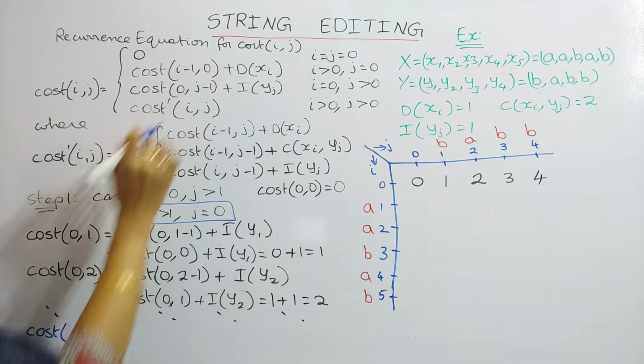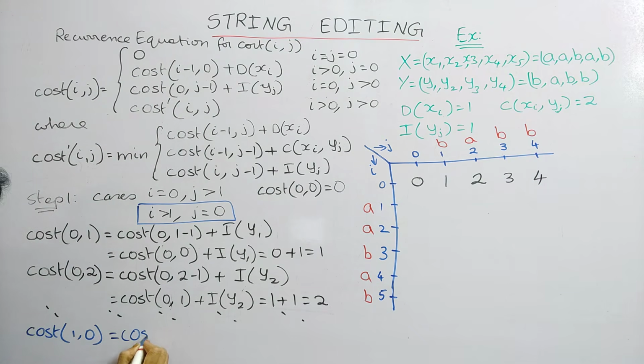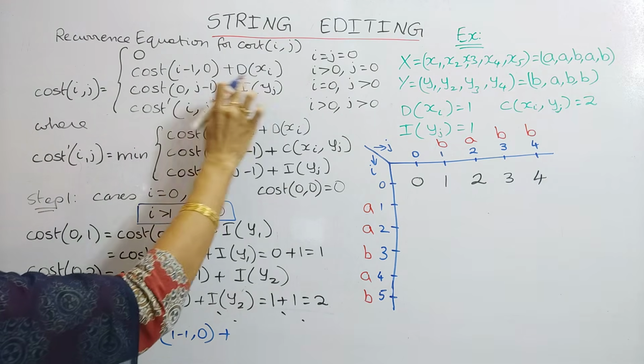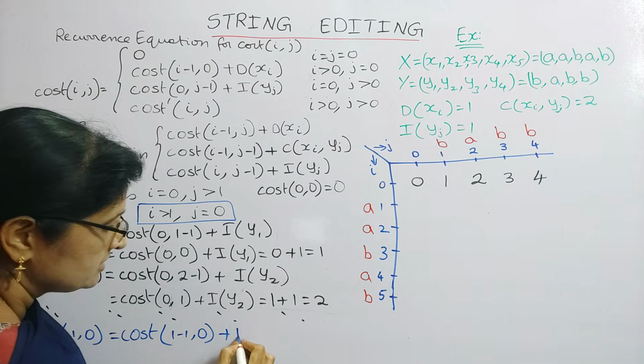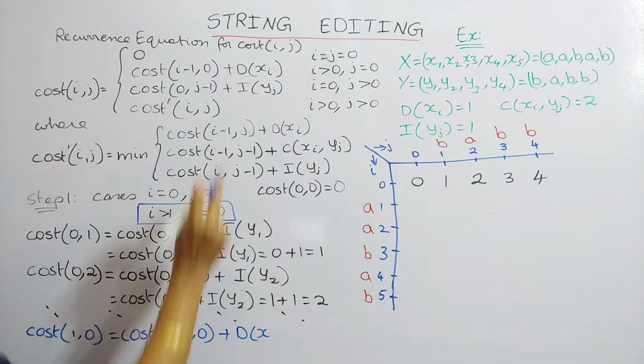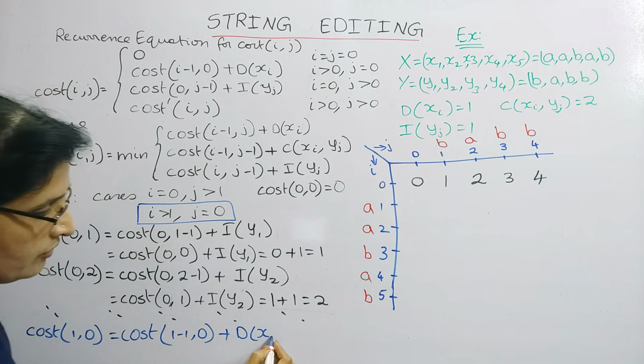This formula. So it is cost of I minus 1. That is 1 minus 1 comma 0 plus, here you need to perform which operation? You need to perform delete operation. That is d of xi. I is how much here? 1.